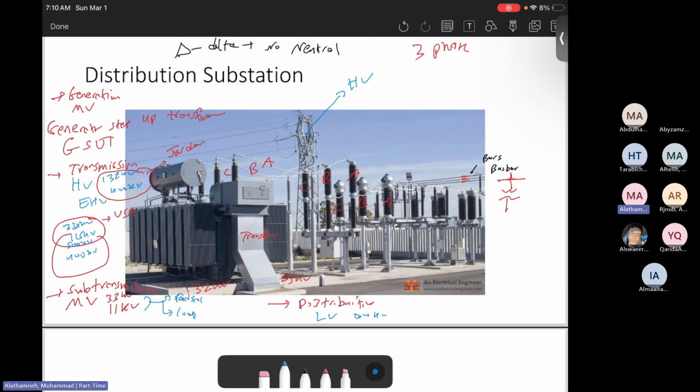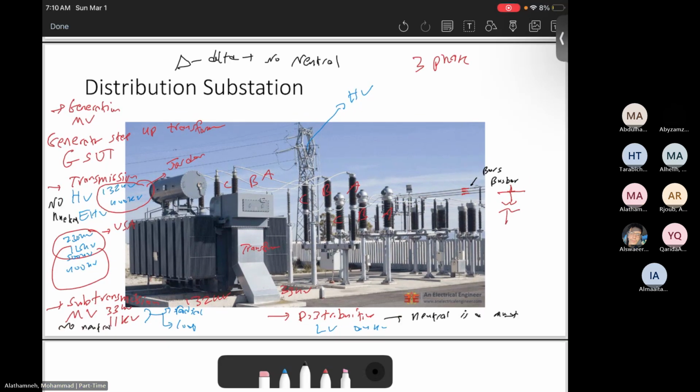Again, regarding the neutral: in subtransmission, no neutral. In distribution, the neutral is a must.